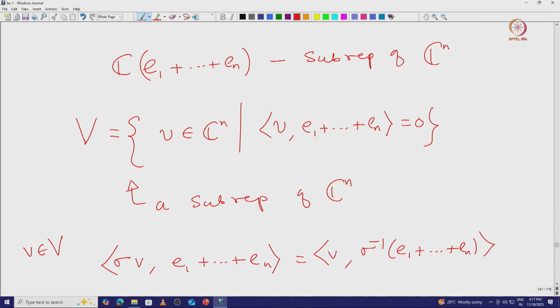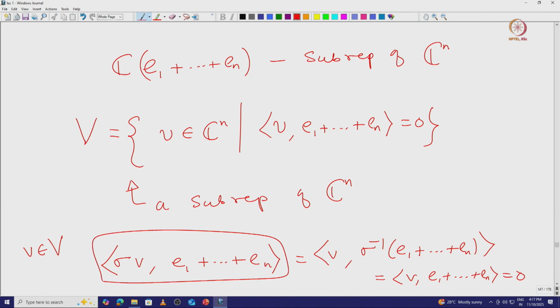But since E1 plus etc. plus En is sigma invariant, or invariant under the entire group G, this is exactly equal to the inner product of v with E1 plus etc. plus En, which is exactly 0. So, that means sigma v again lies inside the subspace V. This is indeed a sub representation.